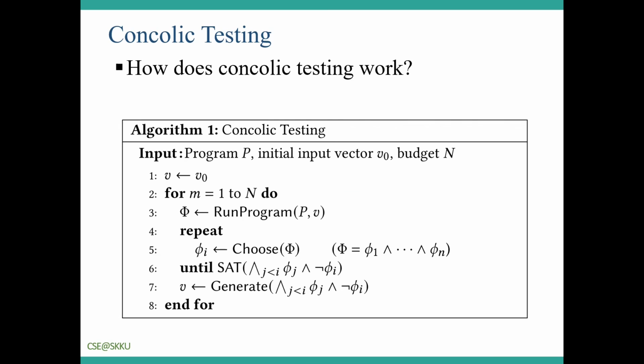Lastly, this is a simplified algorithm that summarizes everything we have discussed. So this generic concrete testing algorithm takes as input a target program P, an initial input vector V0, and a testing budget N, which specifies how many test cases to generate.